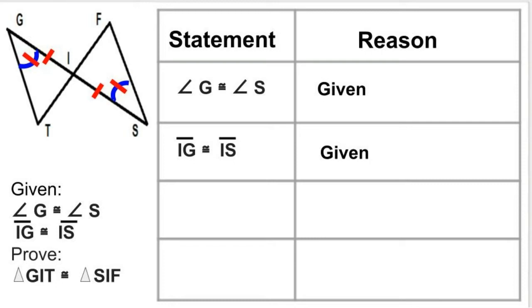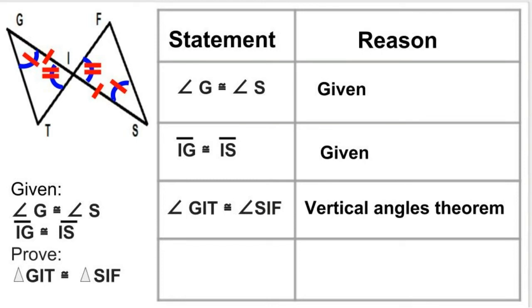It is also given. In the figure, segment GS and segment TF form vertical angles. This implies that angle GIT is congruent to angle SIF, and the reason is the vertical angles theorem.